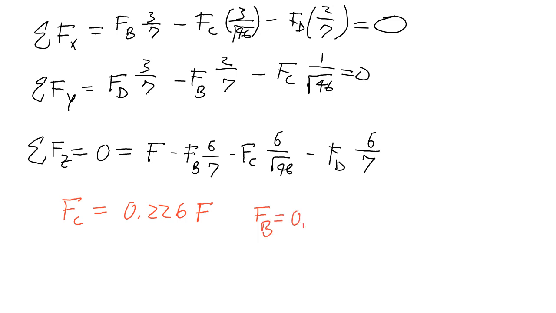When we solve for each one, force C is 0.2 of F, force B is 0.5 of F, and force D is basically 0.4 of F. So it looks like force B has the greatest tension, because it's multiplied by the biggest number.